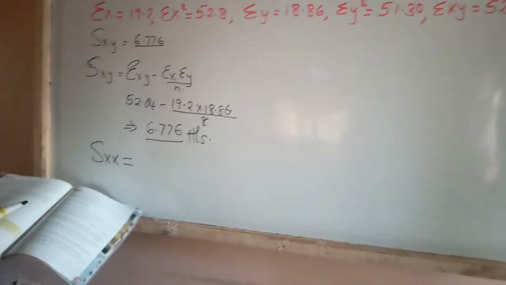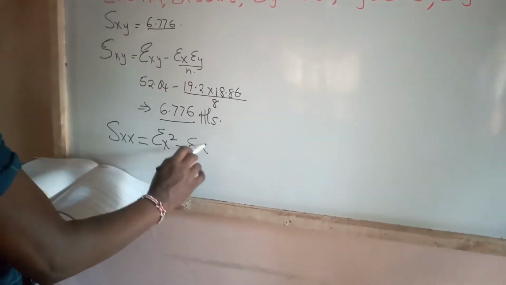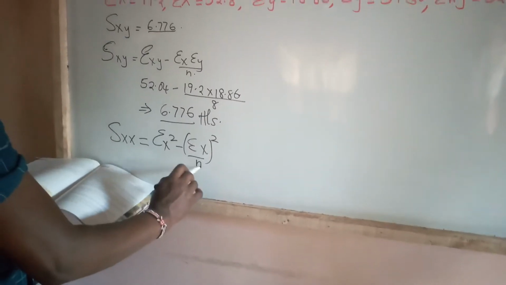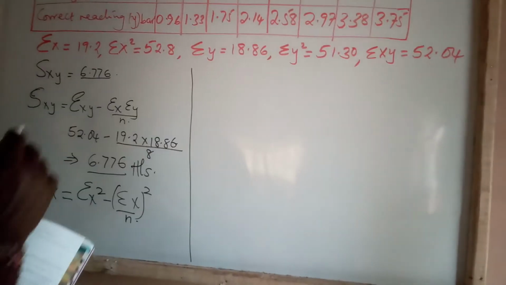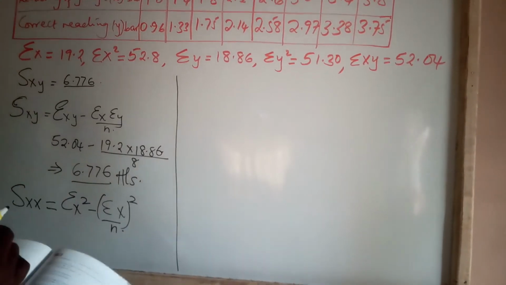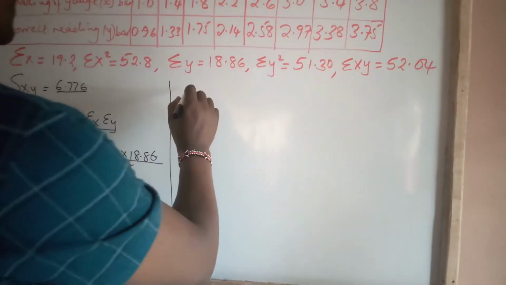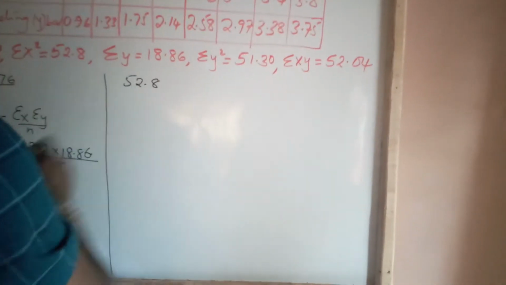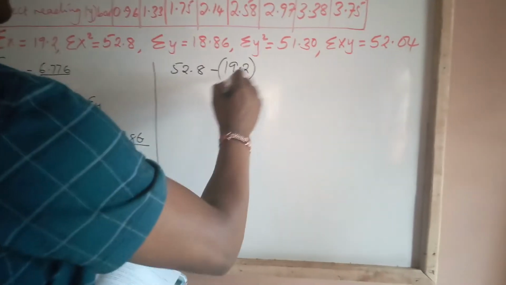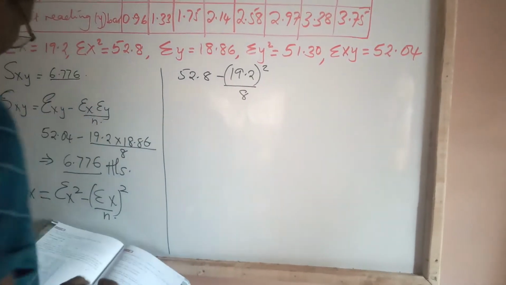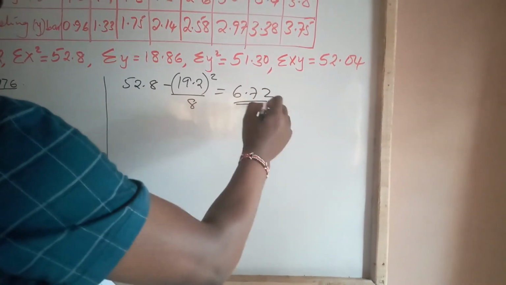We all know that SXX is given by sigma X squared minus (sigma X) squared over N. If you substitute, sigma X squared is 52.8, so 52.8 minus sigma X, which is 19.2, squared, everything over 8, and you realize this is going to be 6.72. You can confirm that.